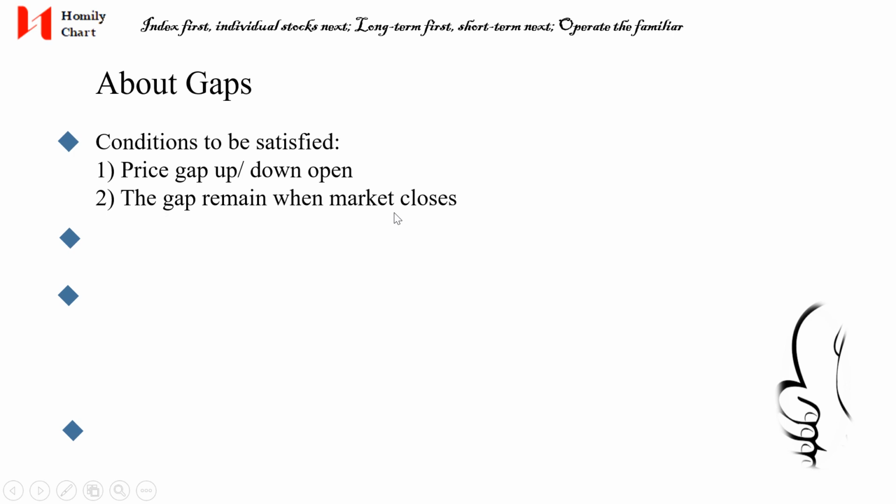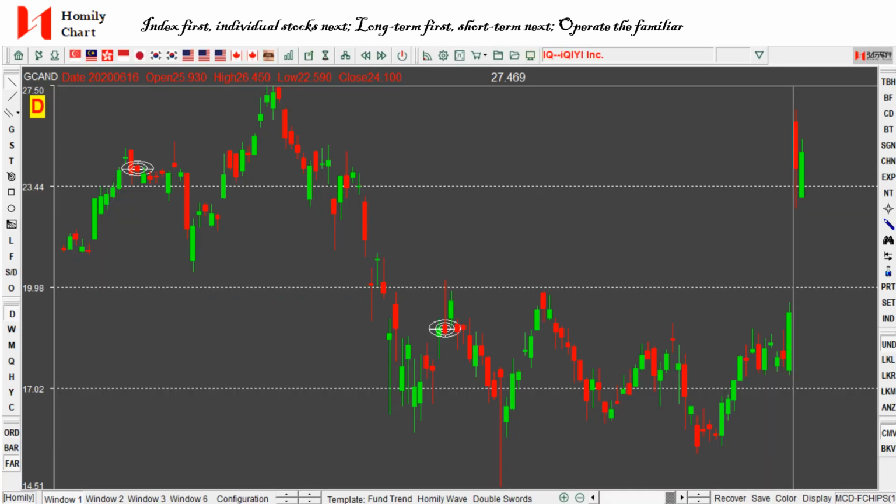For example, if we go back to the chart for IQIYI, let's say 16th June, the market gapped up open, right? If the drop for that day is a very, very big one, and the price closes around the close price of the previous day, 15th June, so that's not possible, right?